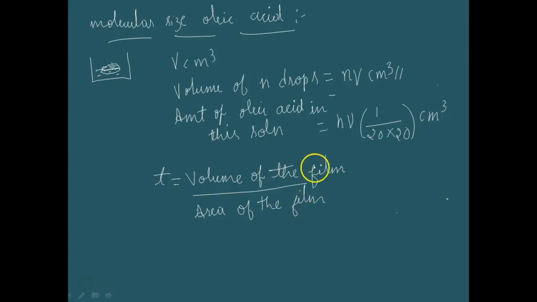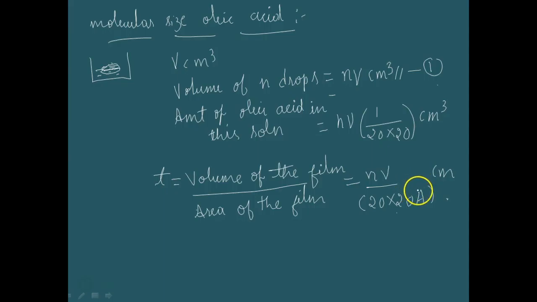Got this? So the volume, as I already told, is given by N into V, and area we can write as 20 into 20 centimeter. So this is the thickness.